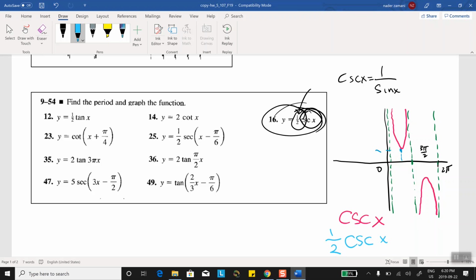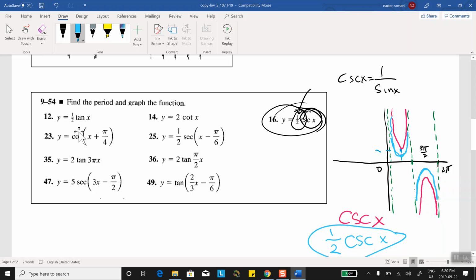So every height, this whole thing is shrunk by a factor of 2. So this height was 1, it goes to 1/2. Everything else is the same. So this blue one is 1/2 of cosecant. And this height was minus 1, it becomes minus 1/2 right there. So that blue one is 1/2 of cosecant of x.